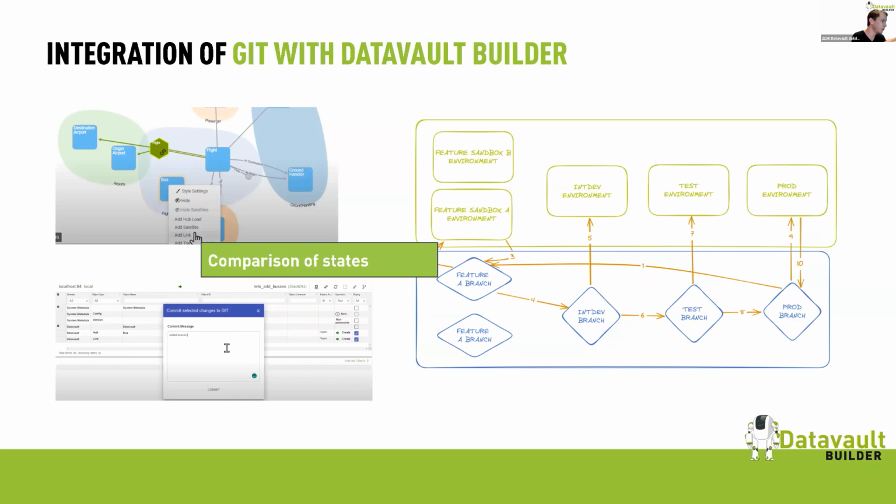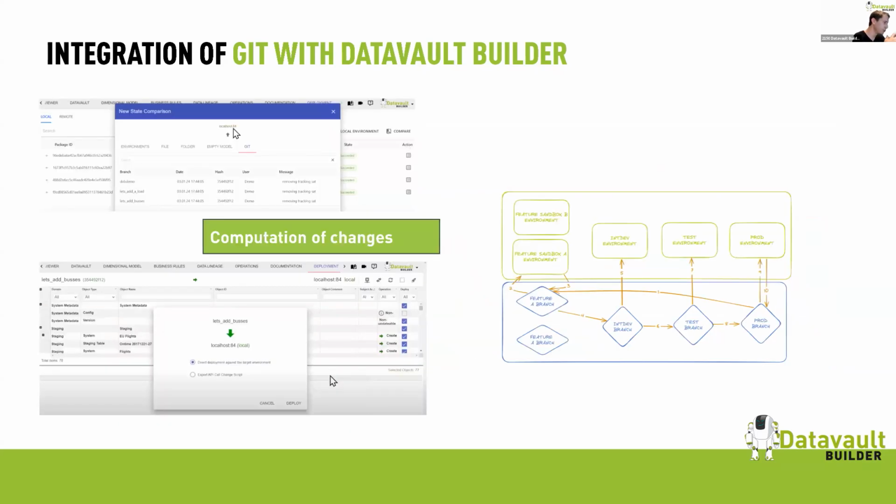But what you can do in Datavault Builder is you can then compare the states of these two environments, compute the differences, and also then compute changes to align these states, to roll out these changes onto a different environment.